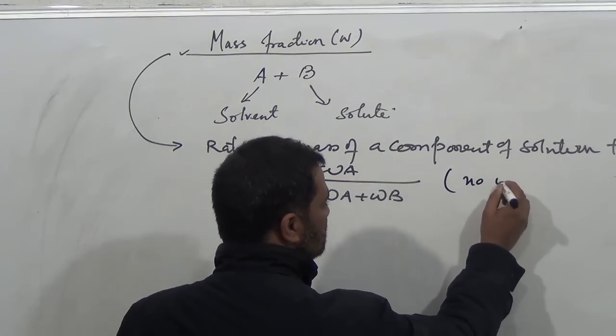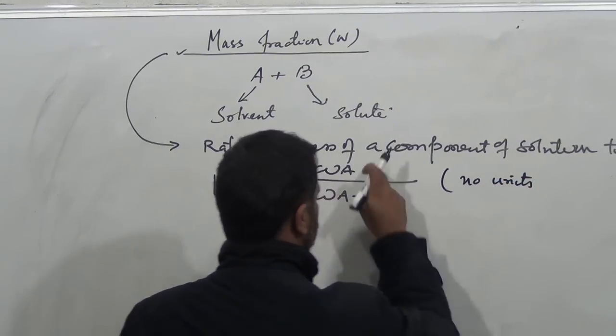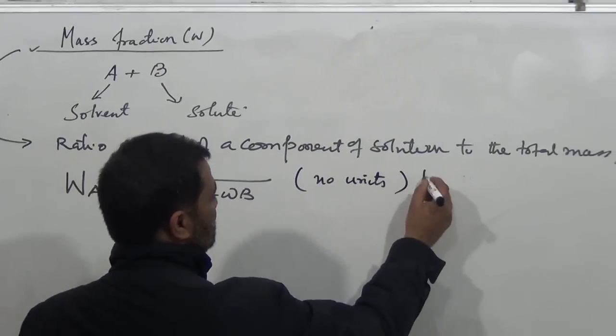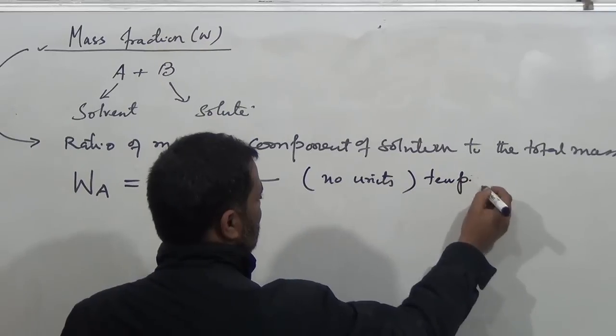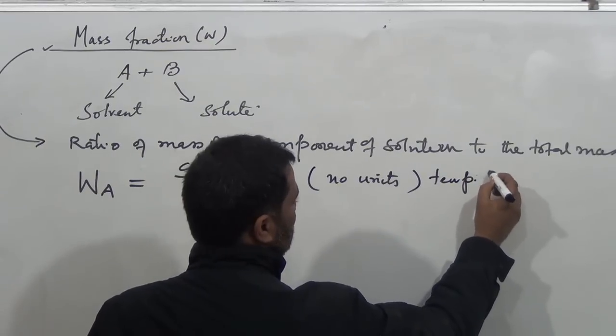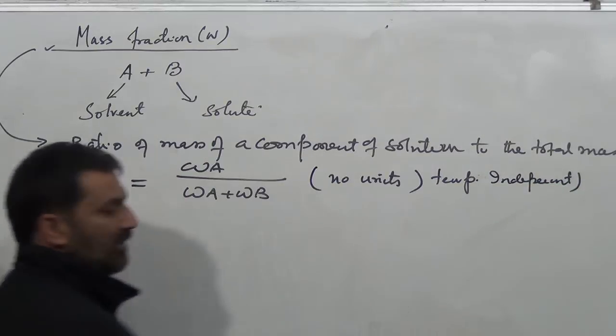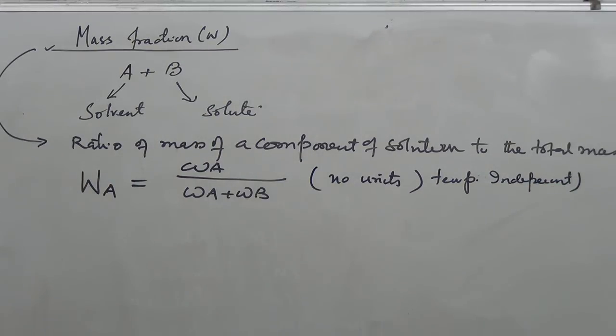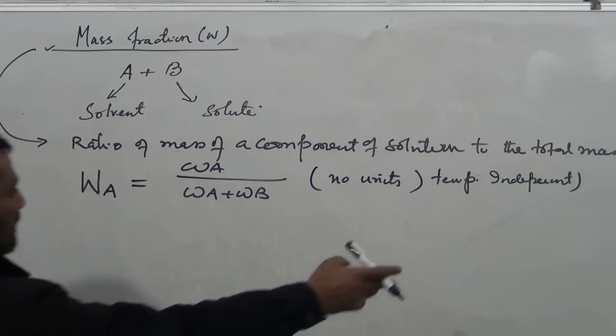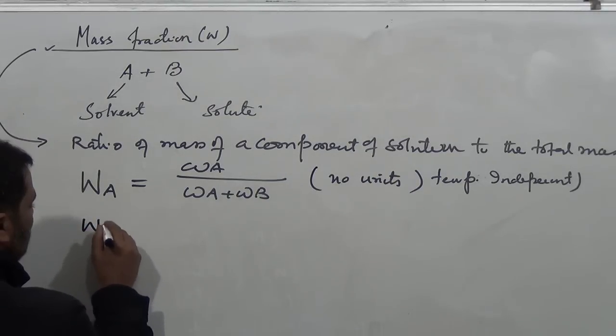It is a dimensionless quantity, that is there are no units for this because it is a ratio, and this is temperature independent because mass never changes with temperature. Here we have WB.